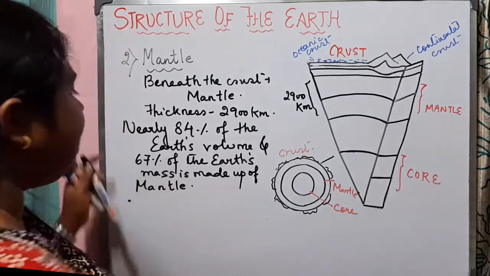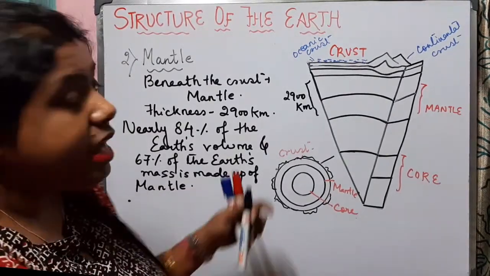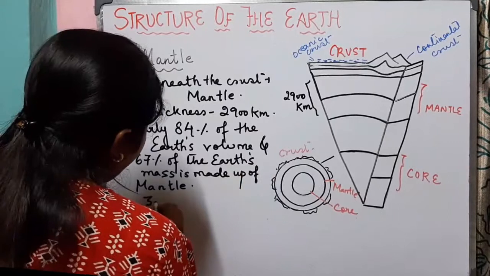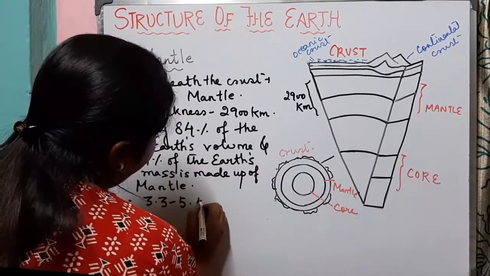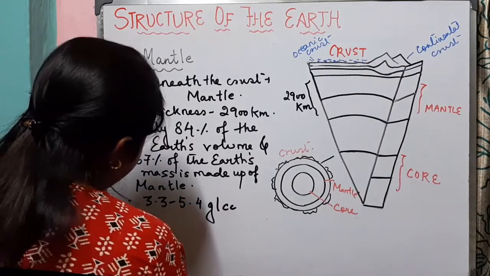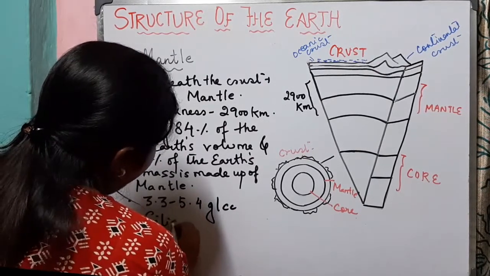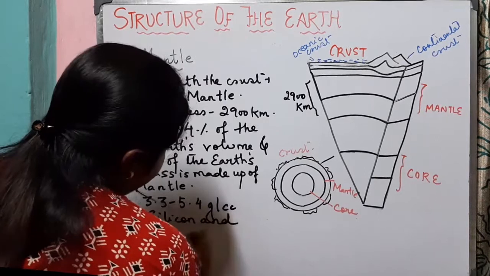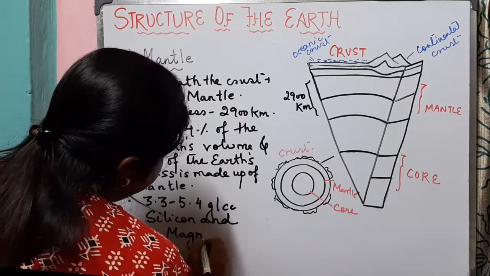If we talk about the density of the mantle, it is higher than the crust. It is 3.3 to 5.4 gram per cubic centimeter, and it is mostly made up of silicon and magnesium.